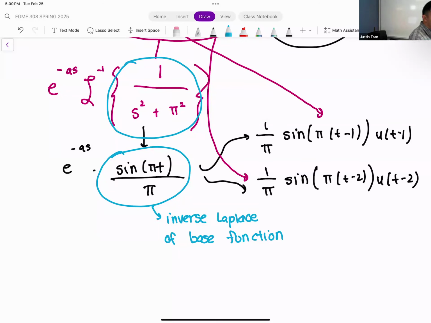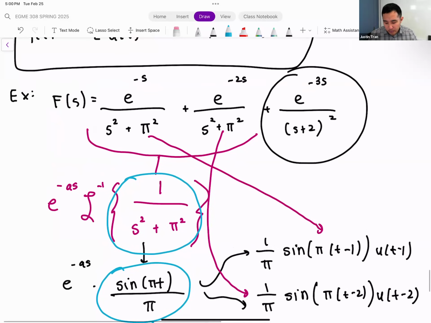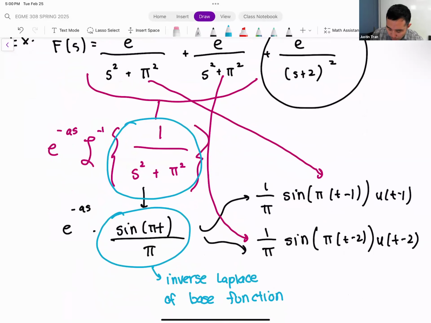And then after that, I applied the shift. Because the first term here, e to the minus s over s squared plus pi squared, has a shift of just 1, it becomes 1 over pi sine of pi times t minus 1 times u of t minus 1. So I basically replaced every t there with t minus 1, and I multiplied by the corresponding step function as well.